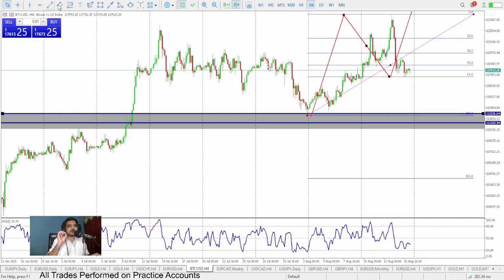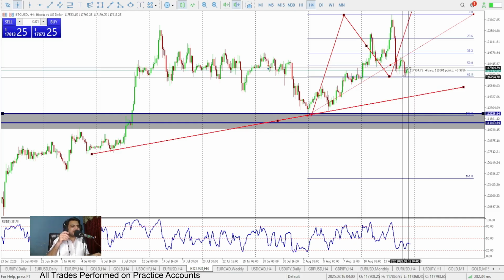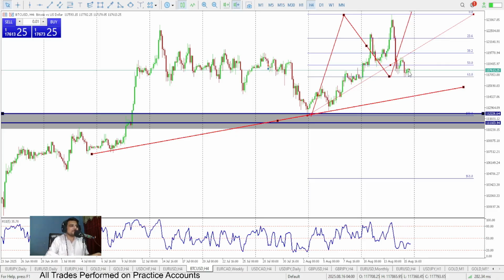Still this ABCD pattern will be giving us plenty of opportunities, but you have to add some buffer with it, because here, see, without a single pip of drawdown, the market gave thousands and thousands of pips. Even if we count it in dollars, from 1,17,000 towards right here, say around 2,000 of profit you made during the week.